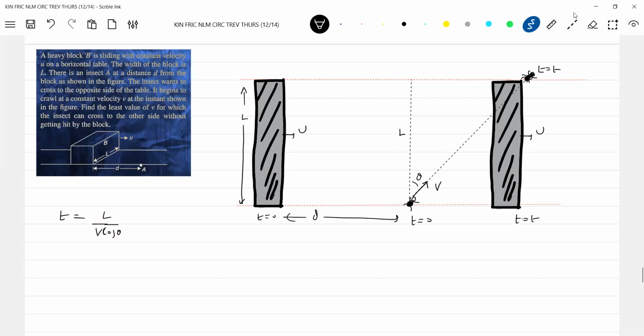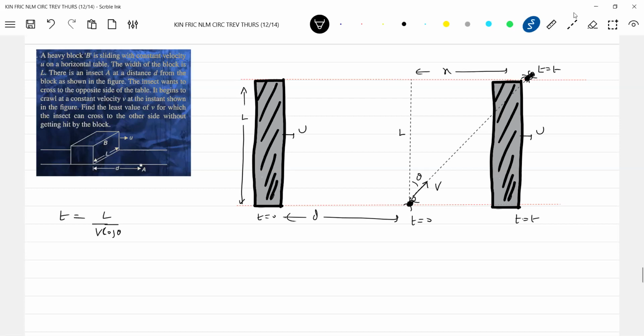Now, how much distance will the block move? Let this distance be x.